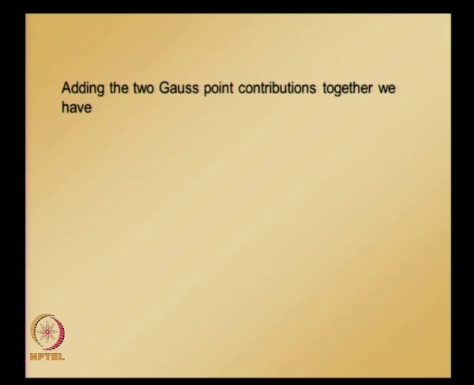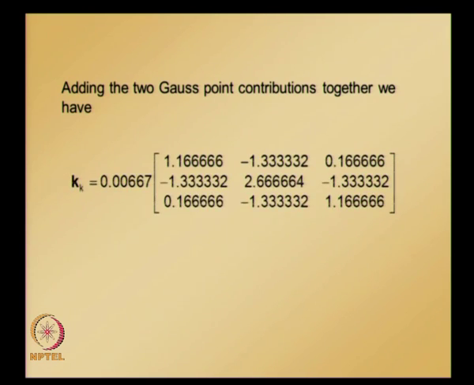Adding the contributions at the 2 points, we get the approximate value of kk using 2 integration points.